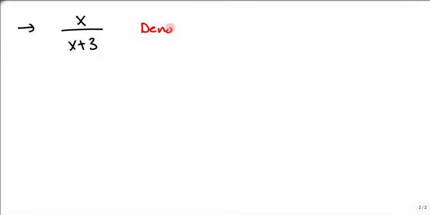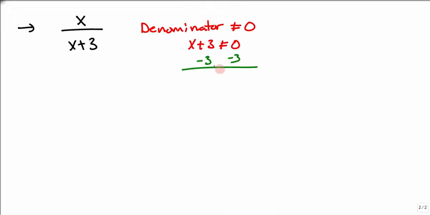The denominator cannot equal 0. That's what I always have to keep in mind. The denominator in this case is x plus 3, so x plus 3 cannot equal 0. I'd subtract 3 from both sides, this would cancel, and I get x cannot equal negative 3. That's my domain restriction.